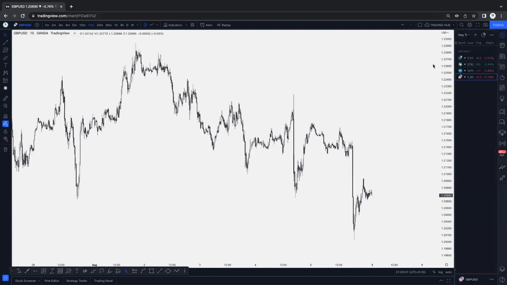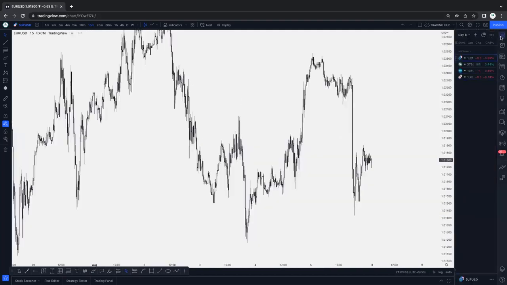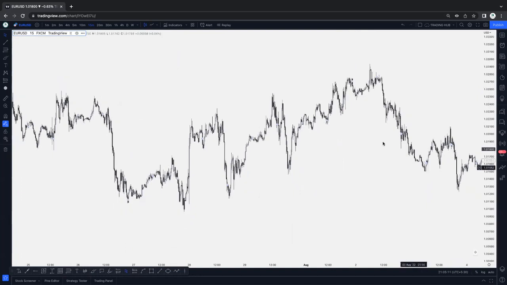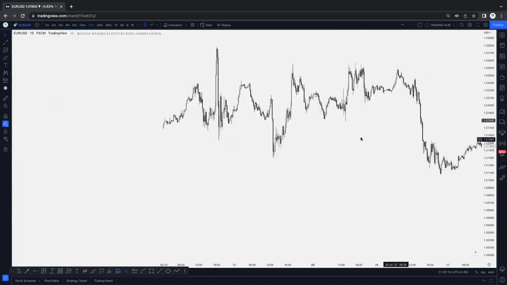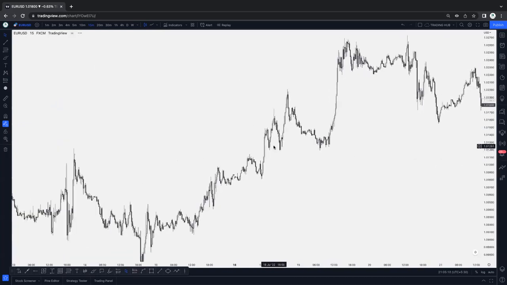I think last time, which pair? I think last time we did EUR/USD for this phase of backtesting. Okay.